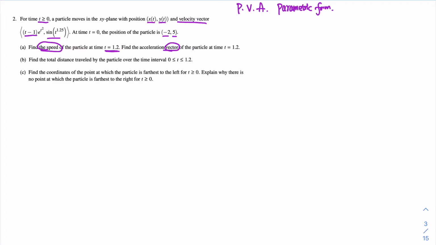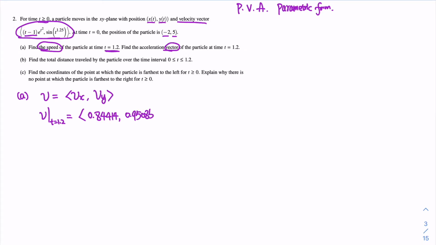So given the velocity vector here, we can directly plug 1.2 in, for the x component and y component here.